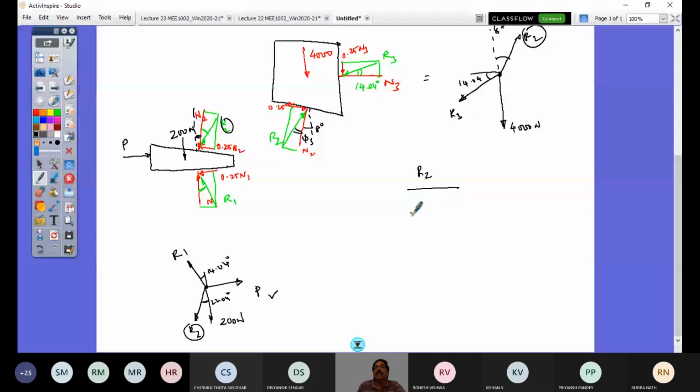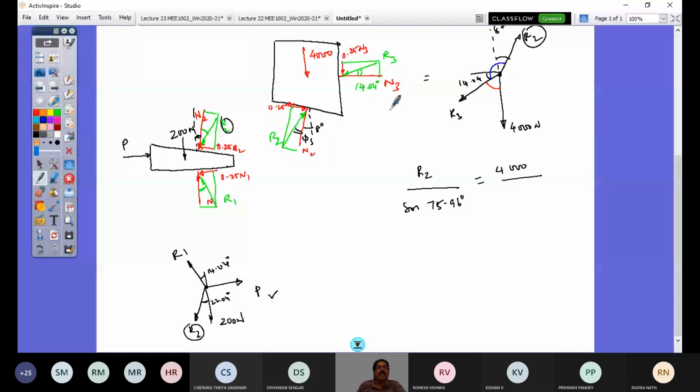So what is that angle? This angle is now how much? It's 90 minus 14.04, so that's 75.96. Sine 75.96 degrees is equal to 4000 by sine of the angle included by the other two vectors. So what is that angle? That is this angle from here to here.